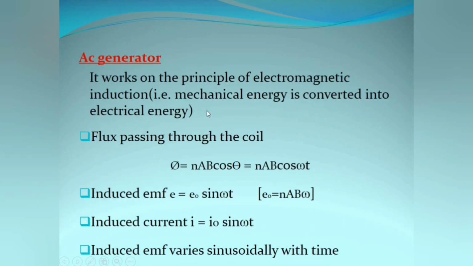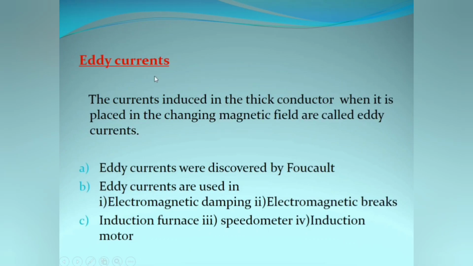This is eddy current. Eddy means circulating. The current is induced in a thick conductor when it is placed in a changing magnetic field. The circulating current is induced in the massive, bulk or thick conductor when it is placed in a changing magnetic field.